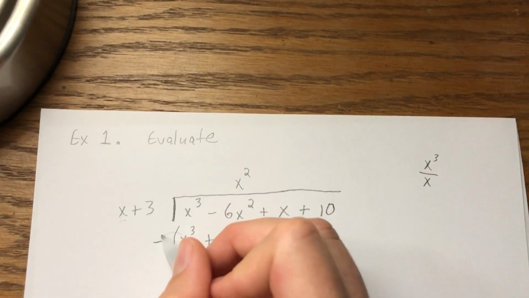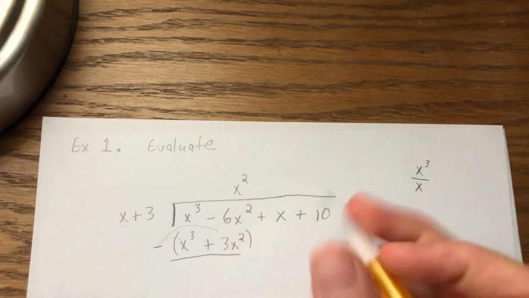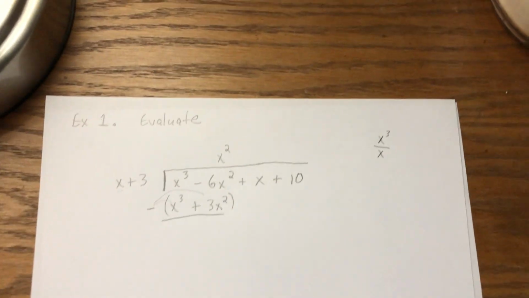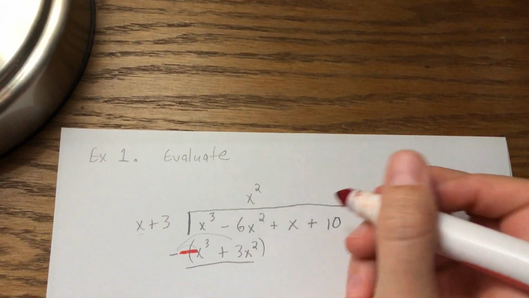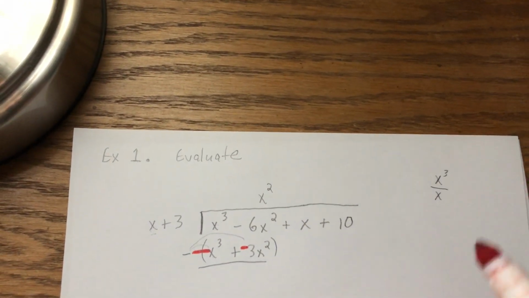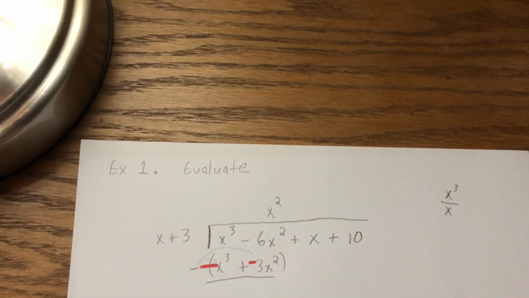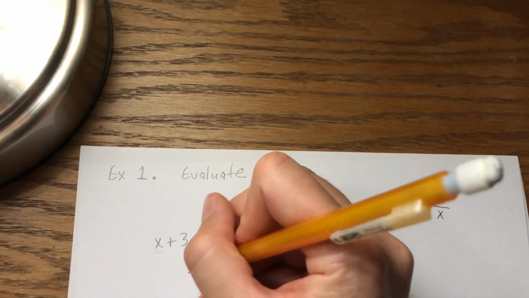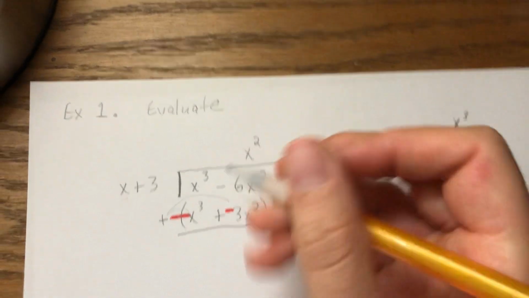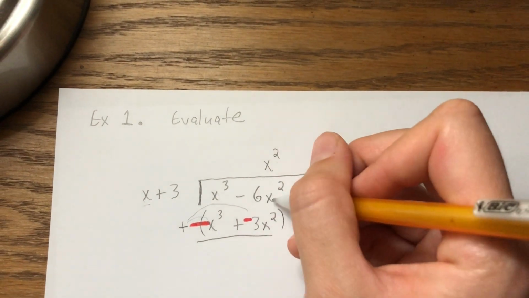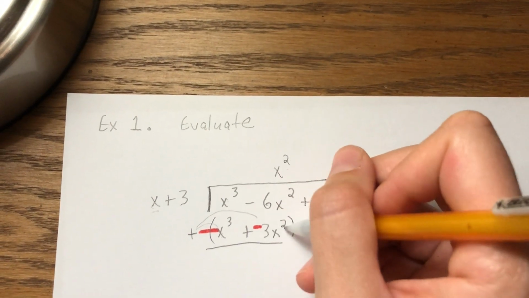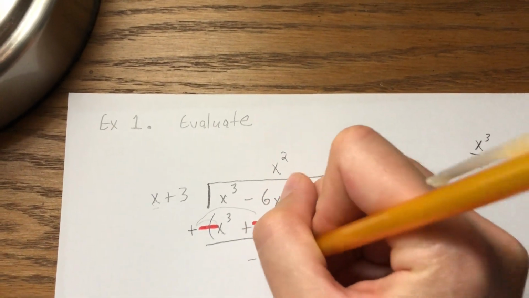So you kind of need to distribute that negative. And so this is going to become a negative x cubed, but also a negative 3x squared. And you could change that to a plus at that point. So x cubed minus x cubed goes away. Negative 6x squared and negative 3x squared just makes negative 9x squared.